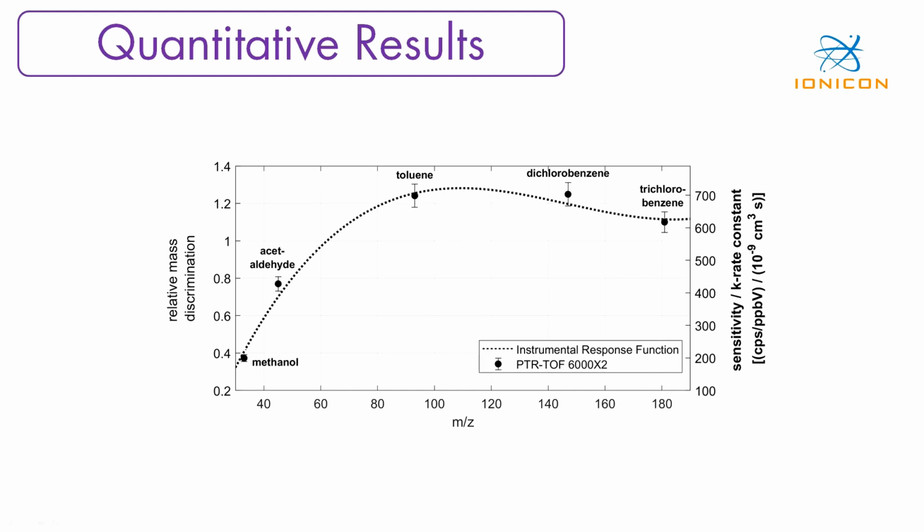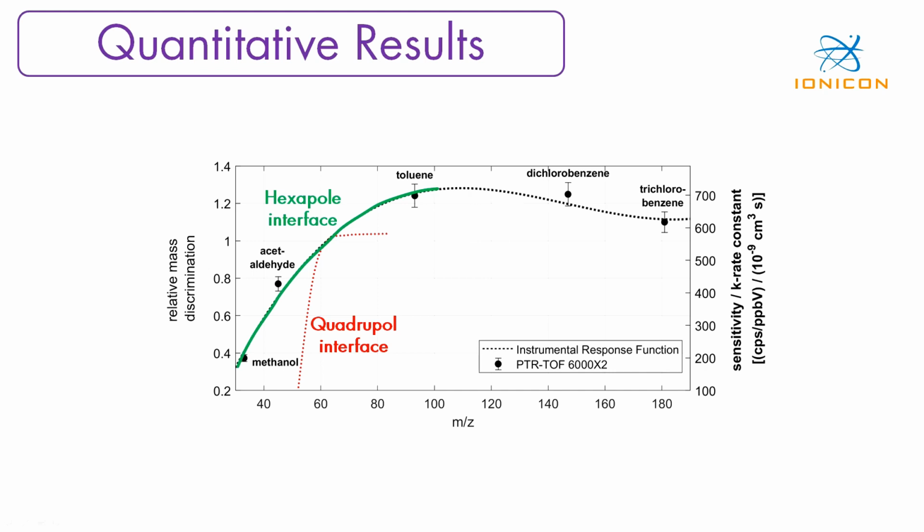So we add a calibration gas standard and calculate the relative mass discrimination by division with the expected collision rates of the compounds. This normally results in a nice and smooth figure as plotted here. The slow increase for smaller masses is caused by the hexapole interface, the near constant plateau by the TOF-MS.